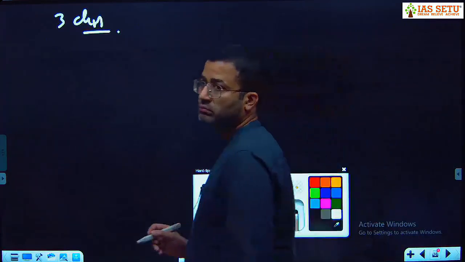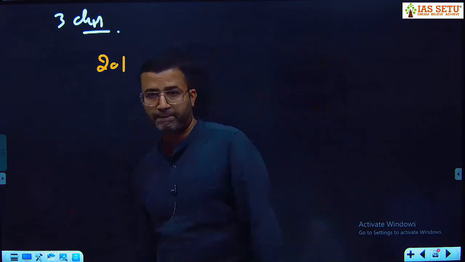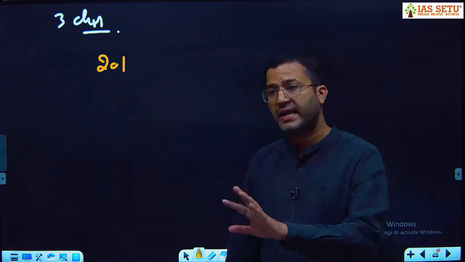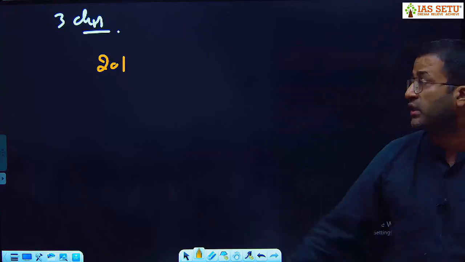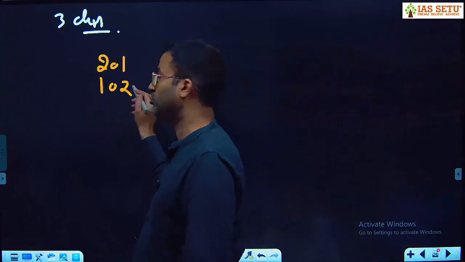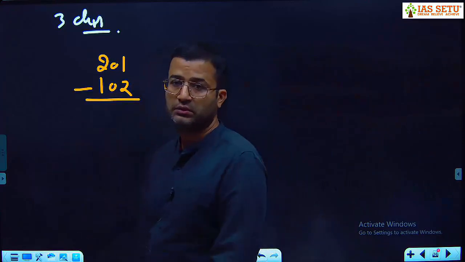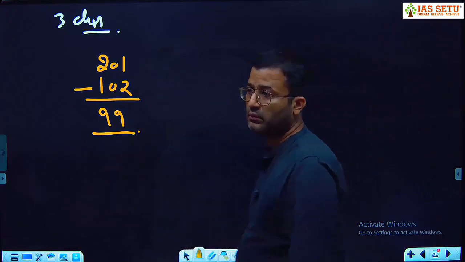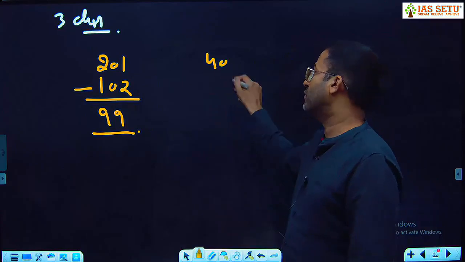Like, I take a 3-digit number 201. We have to reverse the order of the digit. If you reverse 201, what we get? 102. And take the difference. Here difference is 99. Any other number? Like 401.